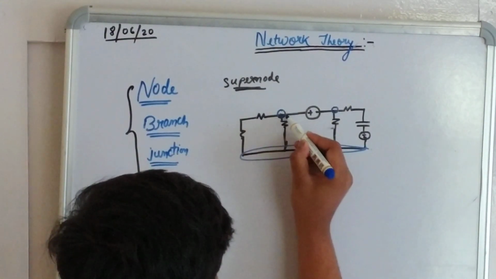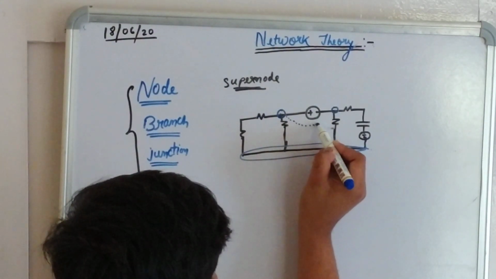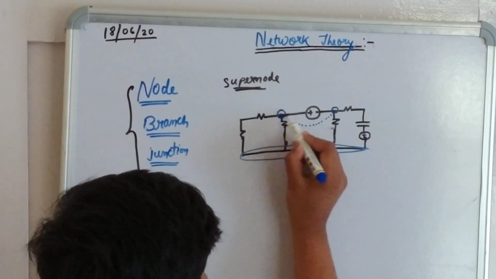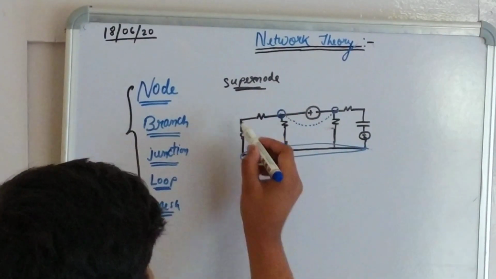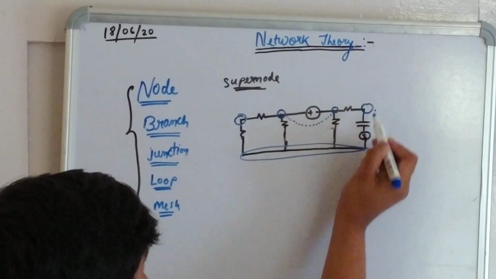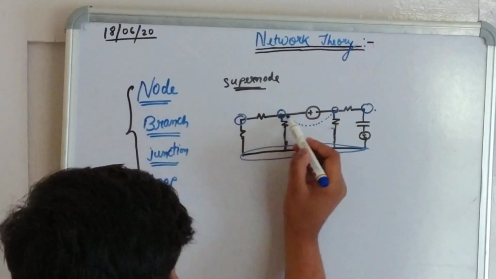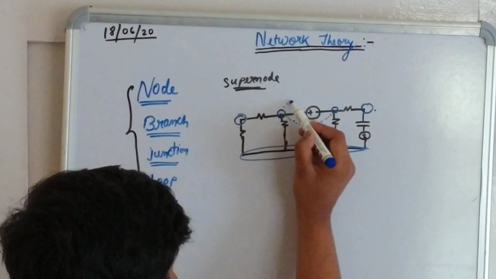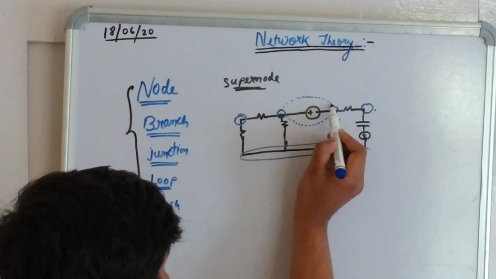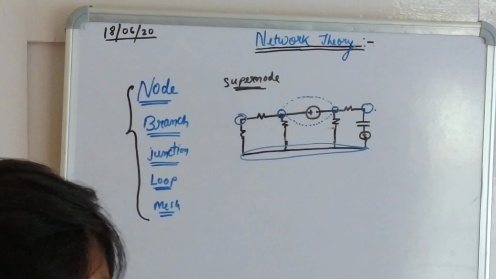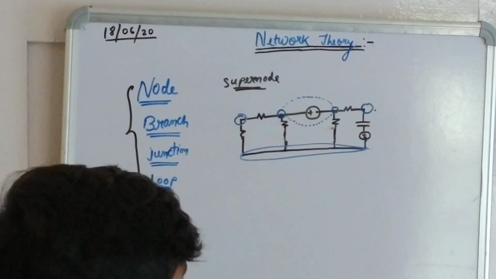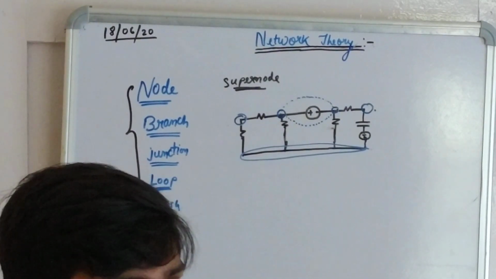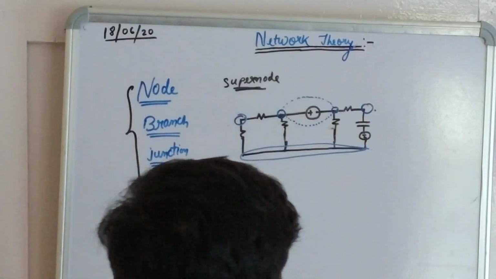That is, this one is a super node. This is also a node, this is also a node, but this one is the super node. So remember this. We will be needing it in the nodal analysis part, which we will study further.